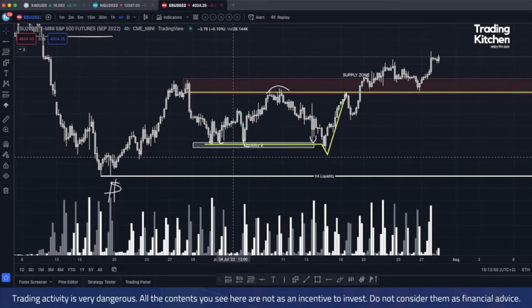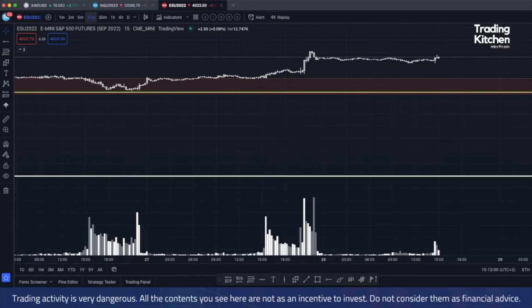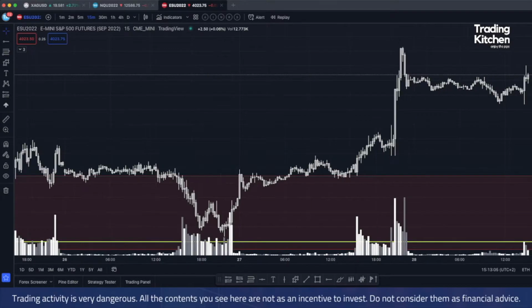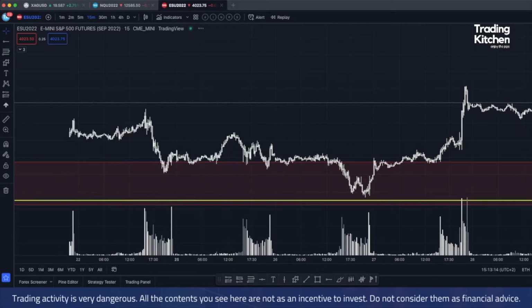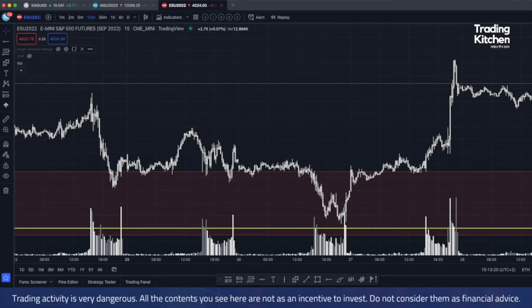So I highlight all the possible liquidity levels. I do it on the 4-hour time frame, and then I go down to the 50-minute time frame, which is my main time frame for intraday trading. I work with two main indicators.